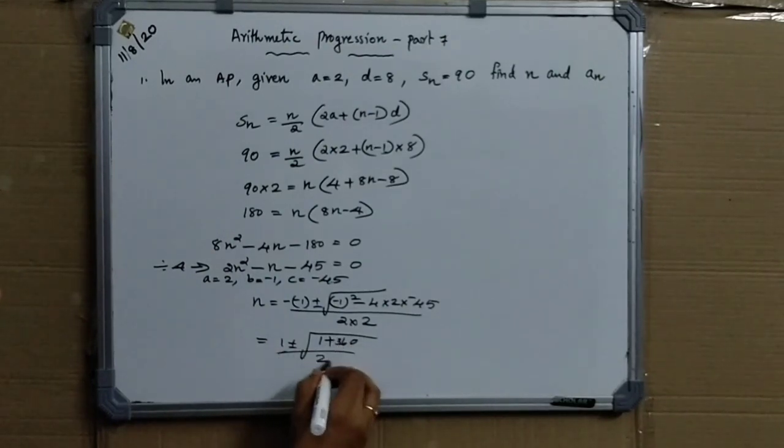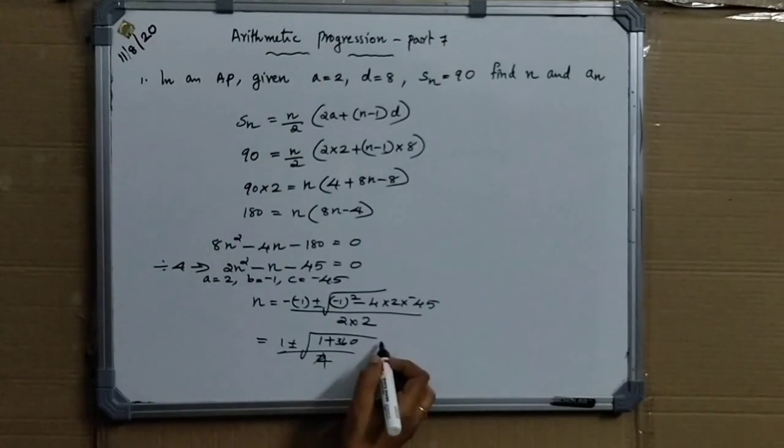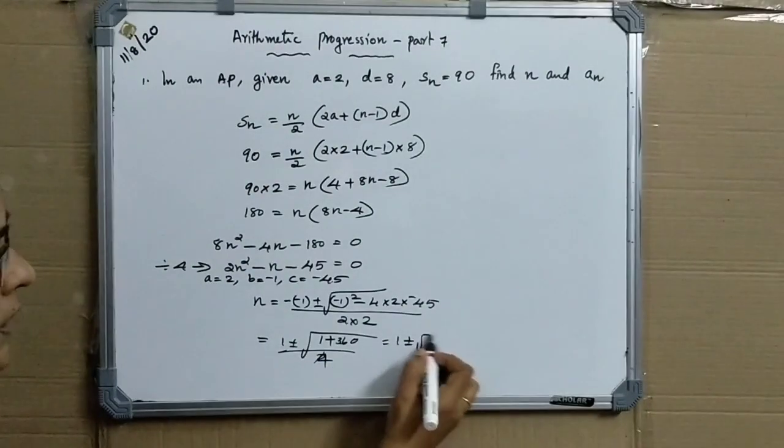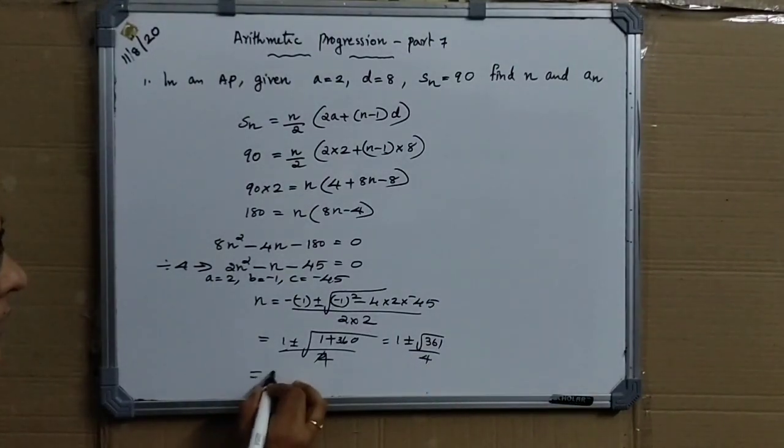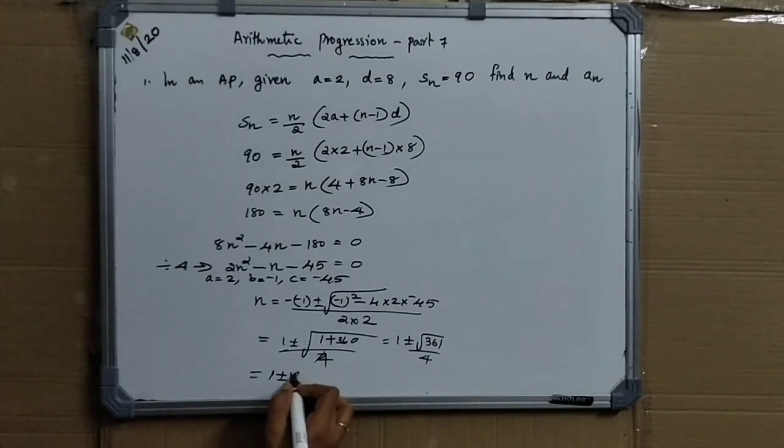that is 360, divided by 4. So it is 1 plus or minus root 361 by 4. That is 1 plus or minus root of 361, you know that is 19, divided by 4.